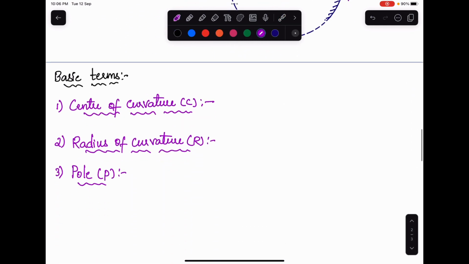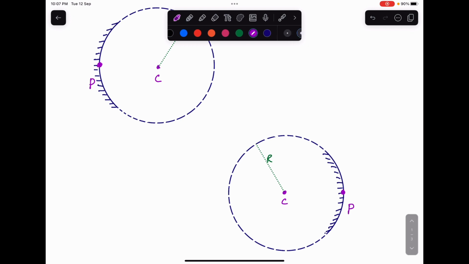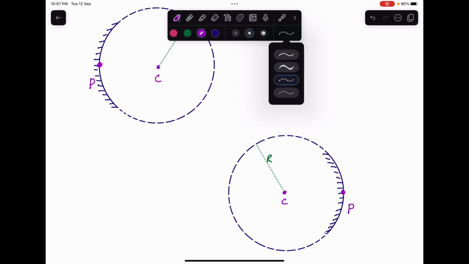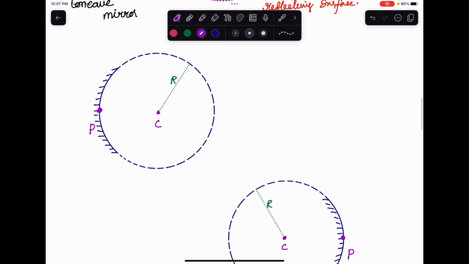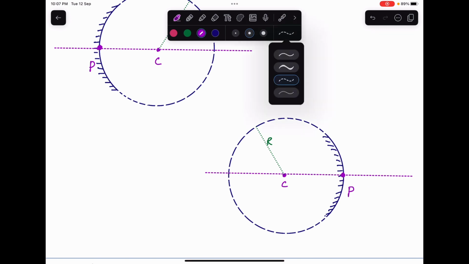And the fourth one is principal axis. Just imagine over here, if we draw an imaginary line passing through the pole and the center of curvature, such a line we call a principal axis.